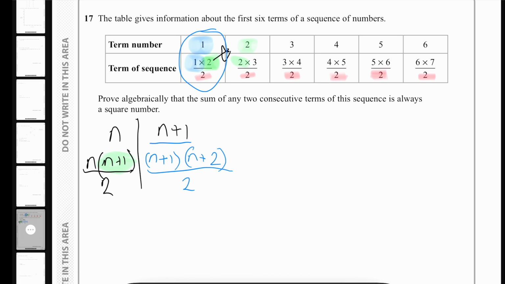Now that I've set up my first term and my second term, I can now work to get the sum of any two consecutive numbers. So here's my first number, there's my second number.